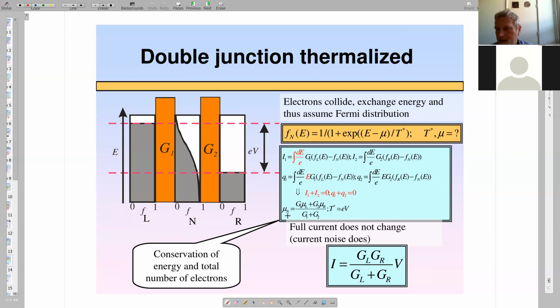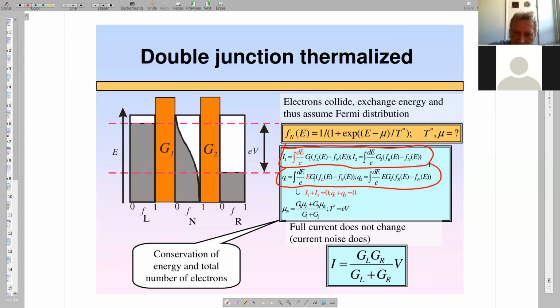All right, I'm going to use two conservation laws. Conservation of current, and now I integrate. Only full current is conserved, right? Scattering is inelastic. There's no conservation of flow at each energy. Full current is conserved, and I have to care about energy conservation. So I define the energy flow through each junction. Good.